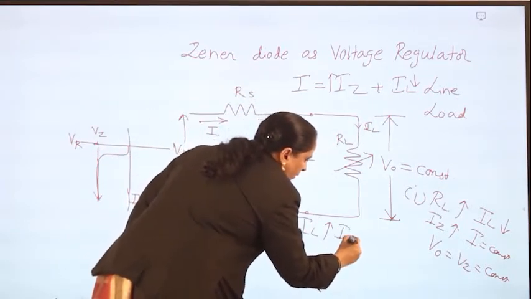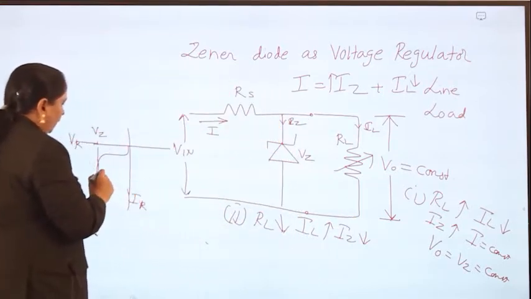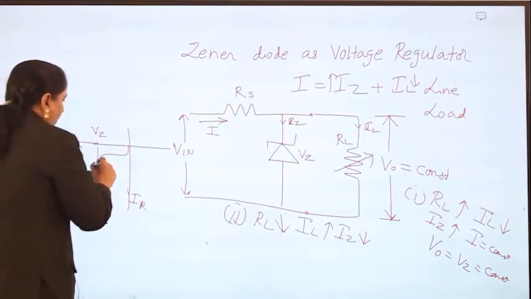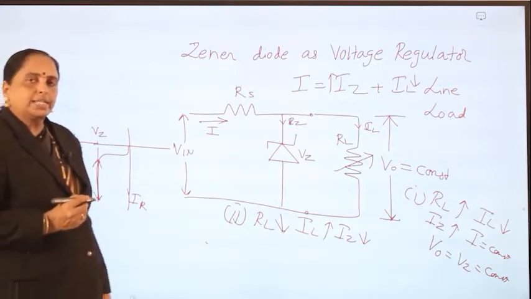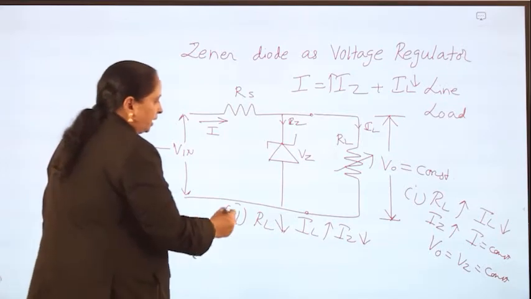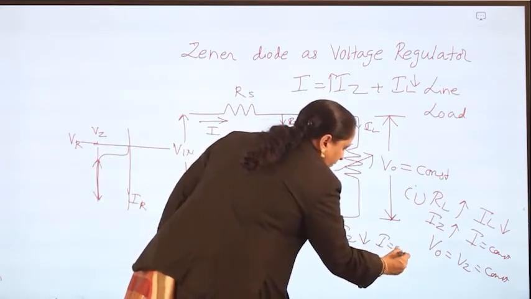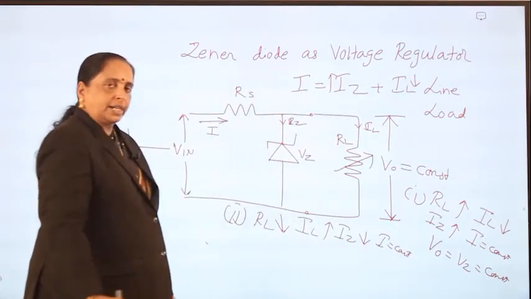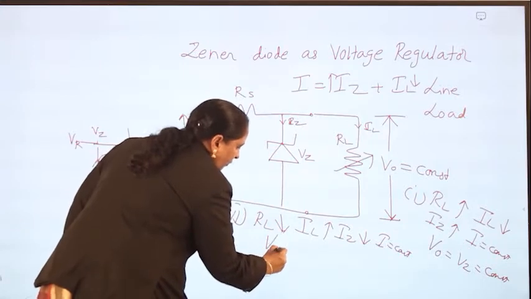Therefore, Iz will be decreasing. See here from this graph, if Iz decreases, even in that case the zener voltage is constant. So to maintain I constant, Iz should decrease. Therefore, Vz is nothing but V0.